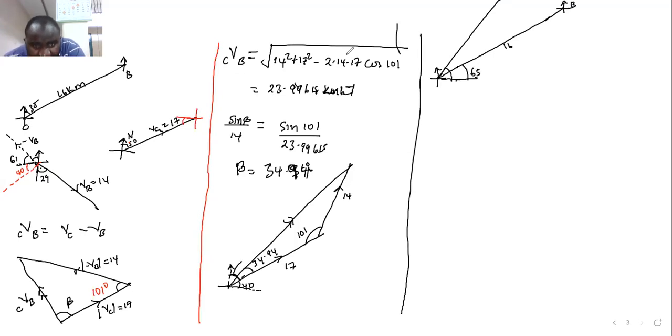But we have seen that the whole of this angle is 74.94. So 74.94 minus 65, the answer is 14.94. That is the remaining angle here. If there's a problem with the analysis of that angle, please, in case you have a challenge, let me know, and then I can review for you how we got that angle.